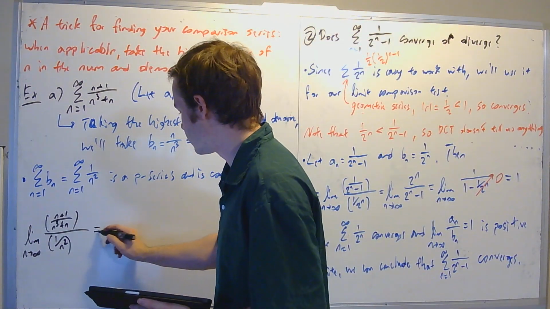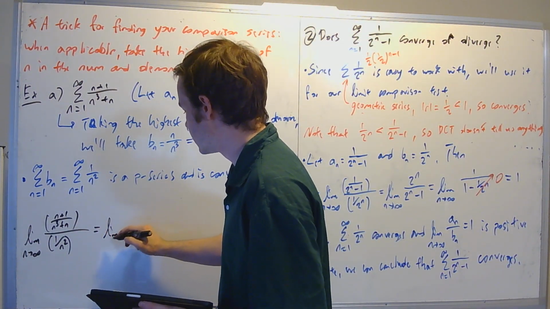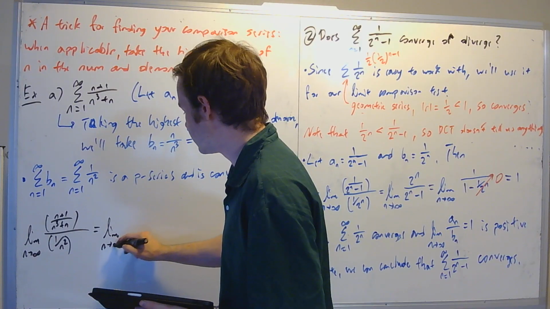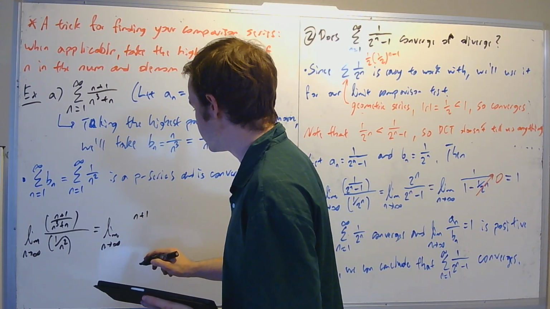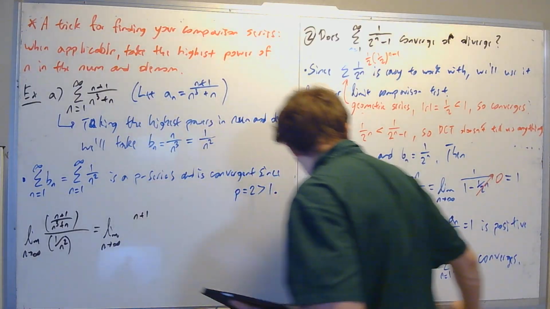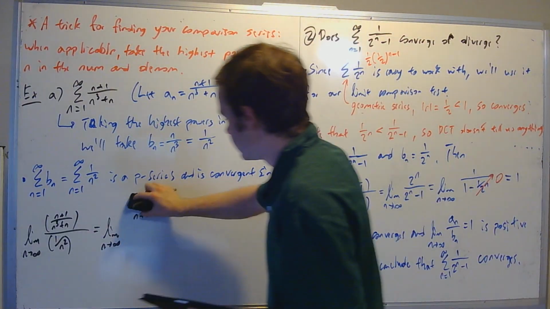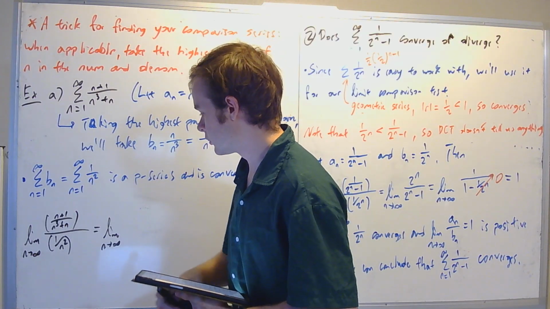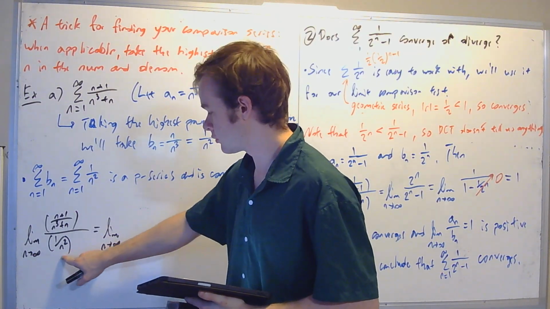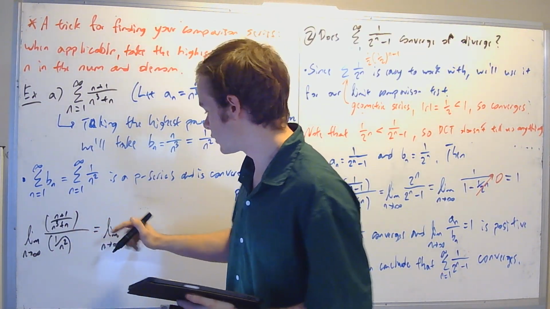So I encourage you to try to work out this limit on your own. But this is going to be the limit as n goes to infinity of n plus 1, or, oh shoot, sorry. So we need to multiply this fraction by n squared. We're multiplying the bottom by n squared. That's just going to cancel out. We're going to multiply this fraction by n squared.